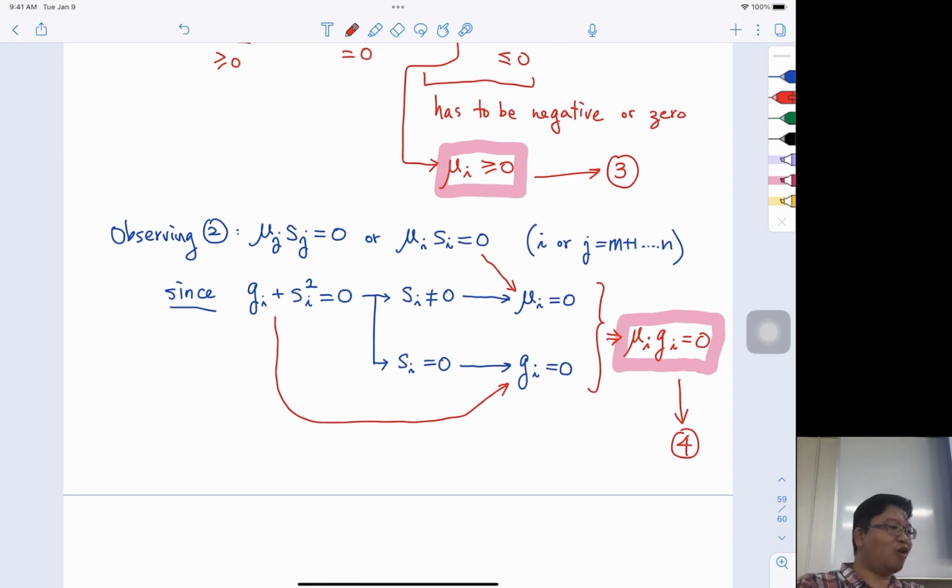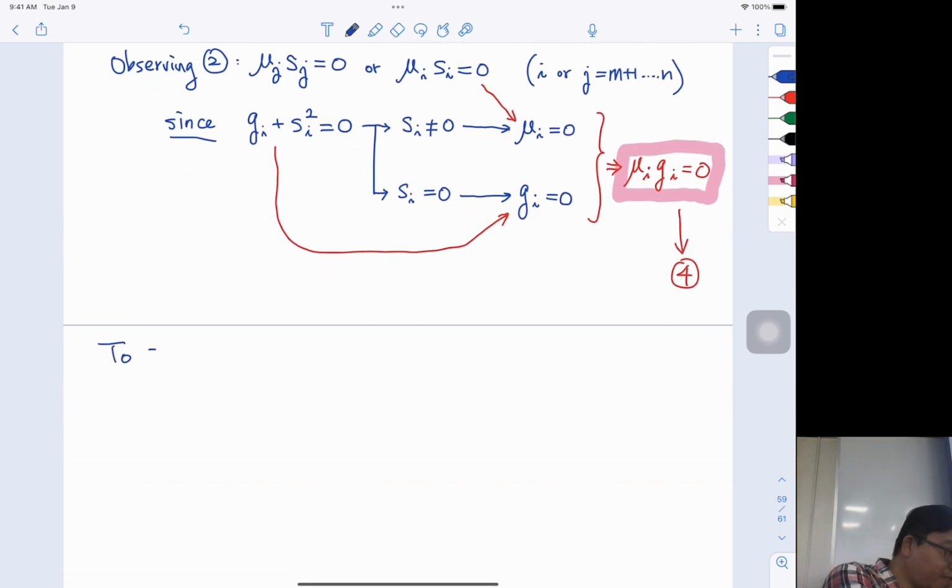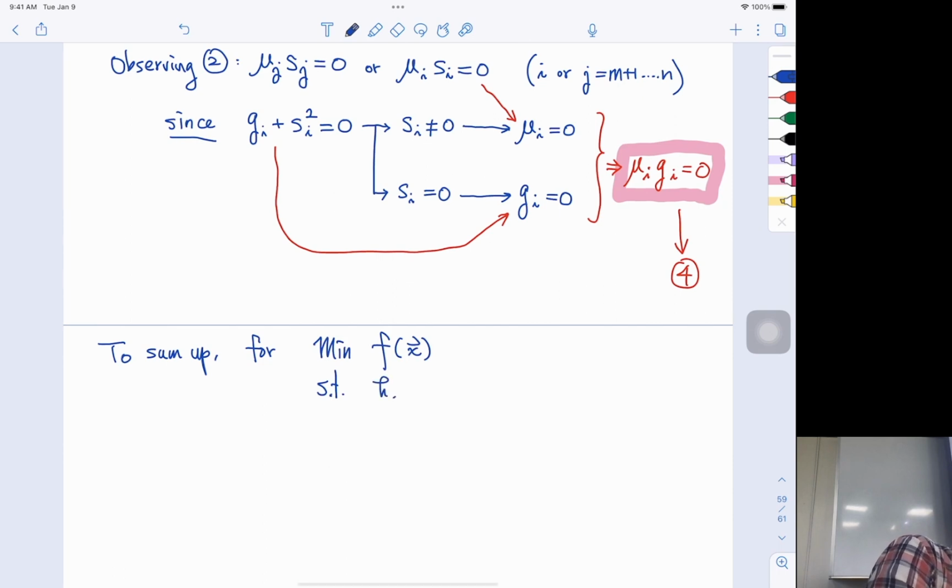To sum up, all these four equations would be the so-called KKT conditions. So let me write down the general form to sum up. For a general problem minimizing f of x subject to h of I of x equals to 0, I goes from 1 to m, g of I of x smaller than 0, I ranges from m plus 1 to n.